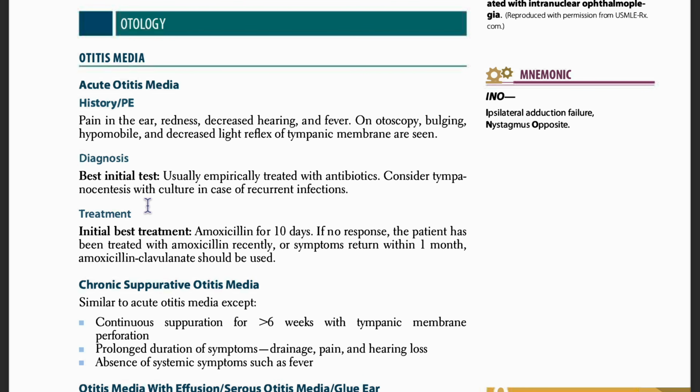Consider tympanocentesis with culture in case of recurrent infections. Treatment, initial best treatment: amoxicillin for 10 days. If no response, the patient has been treated with amoxicillin recently, or symptoms return within 1 month, then amoxicillin-clavulanate should be used. Okay.